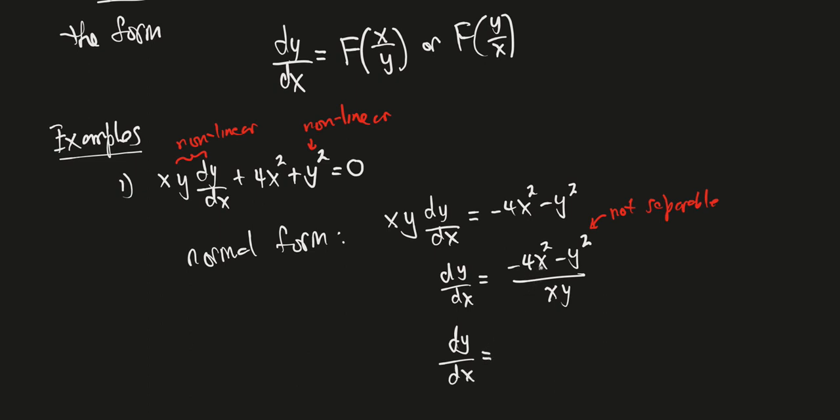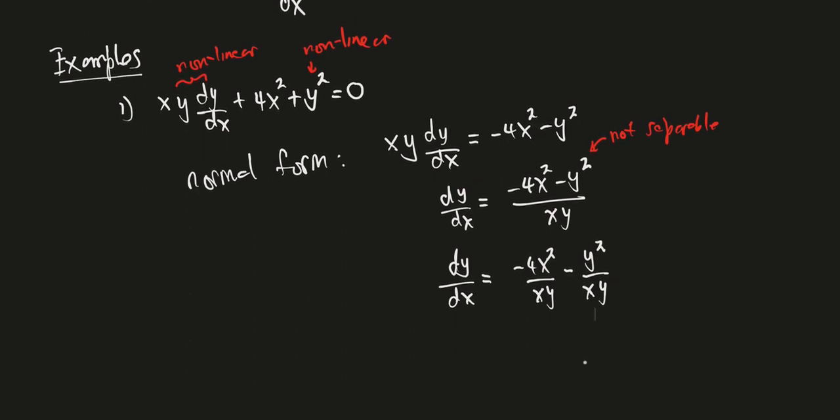So if I took the negative 4x squared and put it over xy, and then did the same thing with the minus y squared, put that over xy, then I could reduce this fraction, and I could also reduce this fraction. So look at what dy dx is.